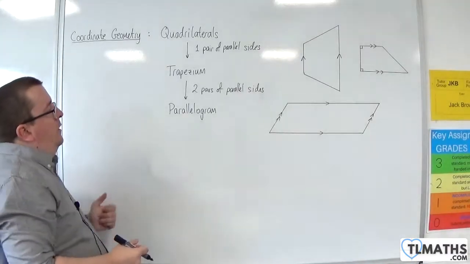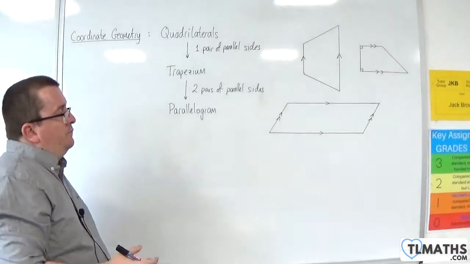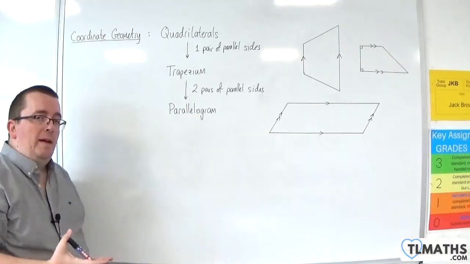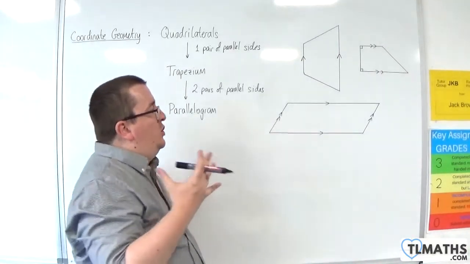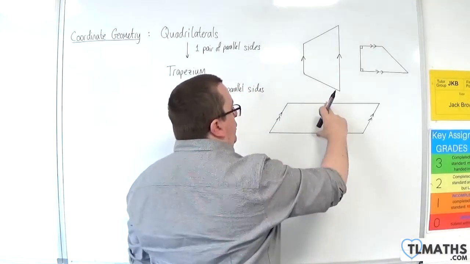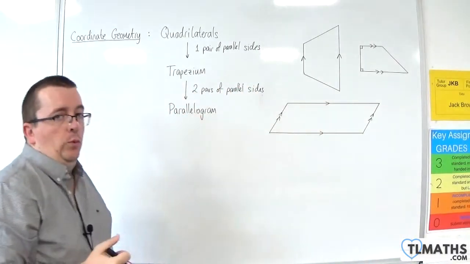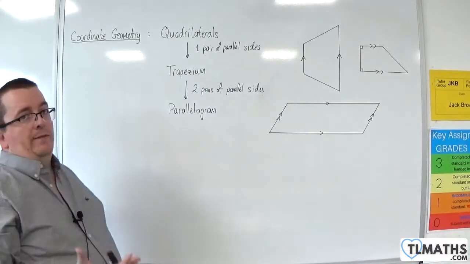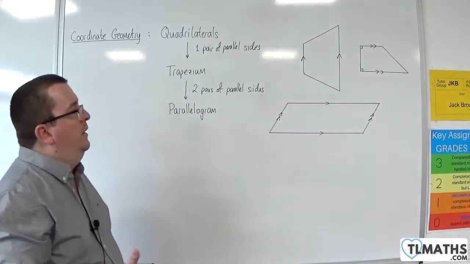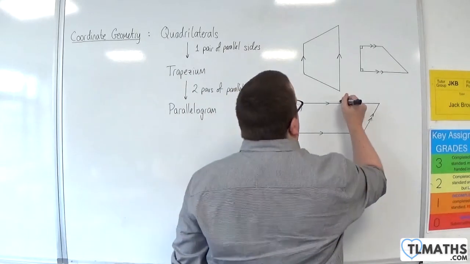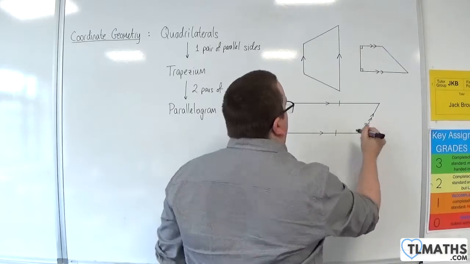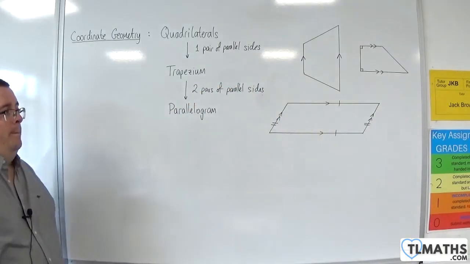Now, once we've got the parallelogram, because of it having 2 pairs of parallel sides, it's got also 2 pairs of equal sides. Okay? We can't draw one without it also having that property. So we also know that that side and that side are the same length, and this side and this side are the same length. Okay?